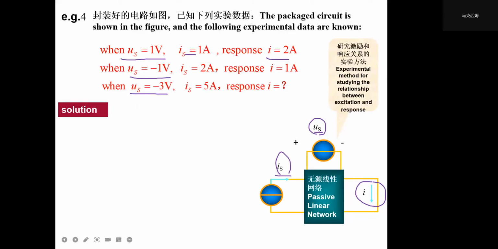So let's see. We could consider this as a network without storage components.